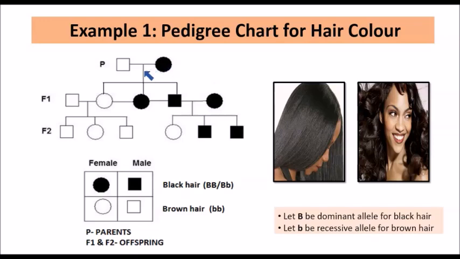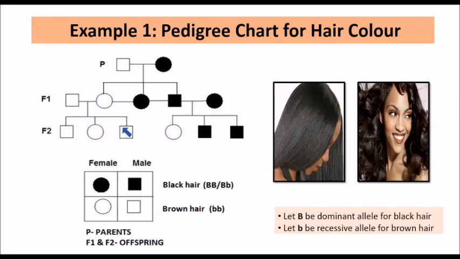Now if she is 2 big B's, and we already established that the father has to be homozygous recessive because he has brown hair. So all of the brown hair individuals would be homozygous recessive. So you can pretty much work that out and put that into the pedigree chart right away.